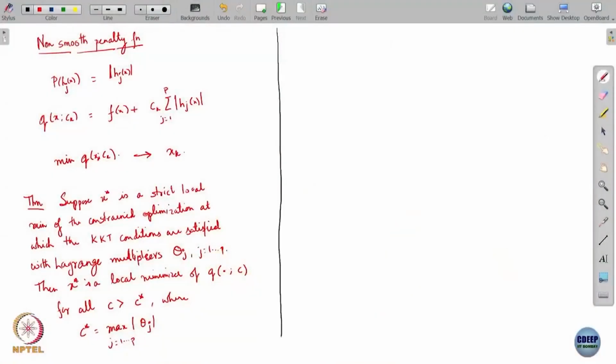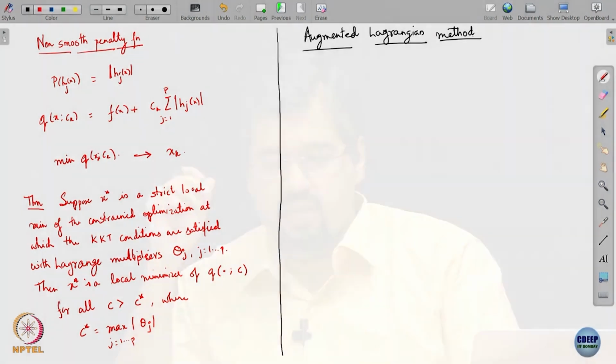Now, another way around this is what I will now talk about. It is what are called augmented Lagrangian methods. The augmented Lagrangian method does something slightly different, in the sense that it is not just looking for a minimization of a penalized problem.